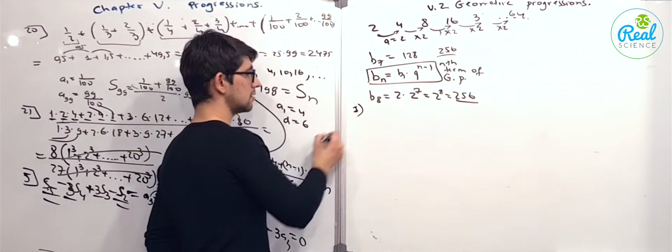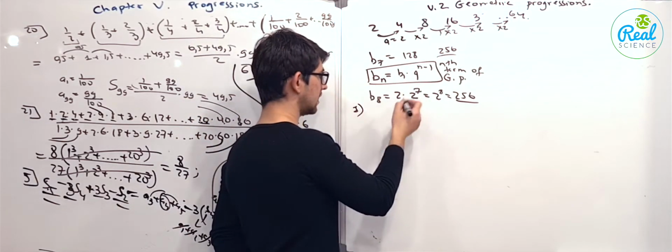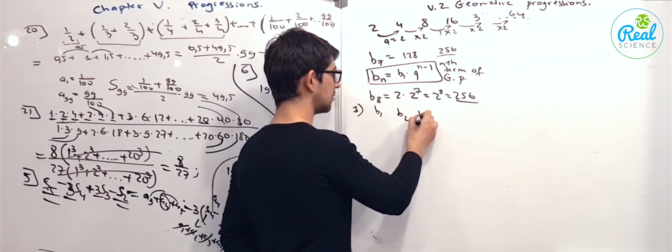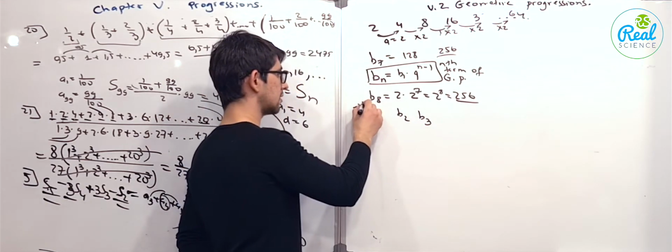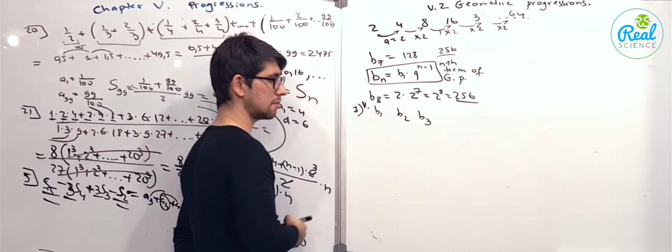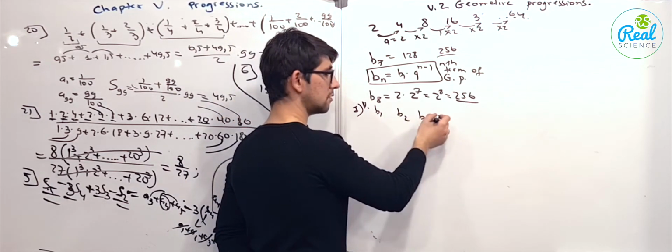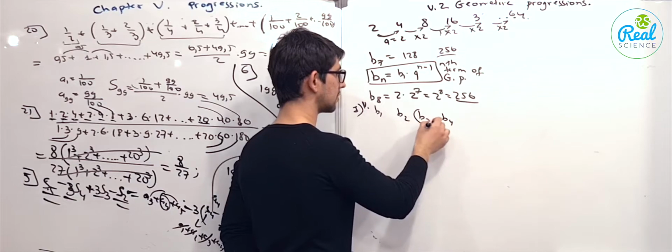What about the properties? First property, neighboring terms, right? b1, b2, b3. Starting from the second term, let's take the third term, guys.